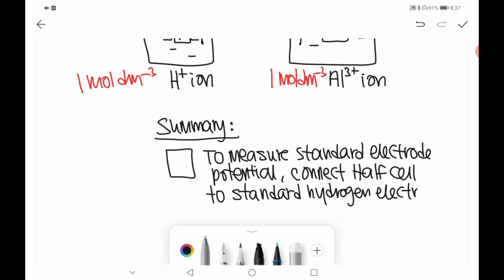Standard hydrogen electrode, we can also call it SHE. So that's the first thing you must be able to master.